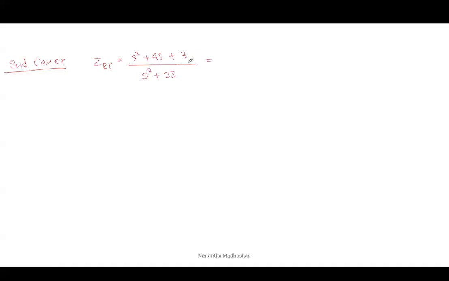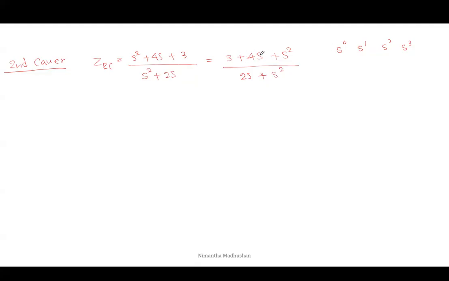We have to rearrange these two polynomials in ascending order of the power of s: s0, s1, s2, s3 likewise. If I rearrange, the function will be like this: 3 plus 4s plus s squared over 2s plus s squared. 3 is the s to the power 0 value.